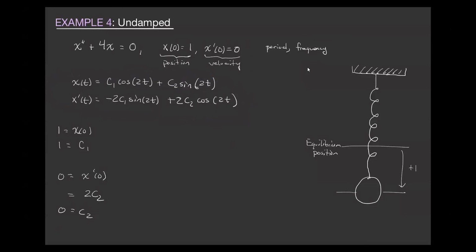This would be as if we took the mass and pulled it downward, held it in place, and then let it go. Once we let it go, it's going to try to pull itself back to equilibrium, but then it's going to overshoot, go back up and then go back down and so on.